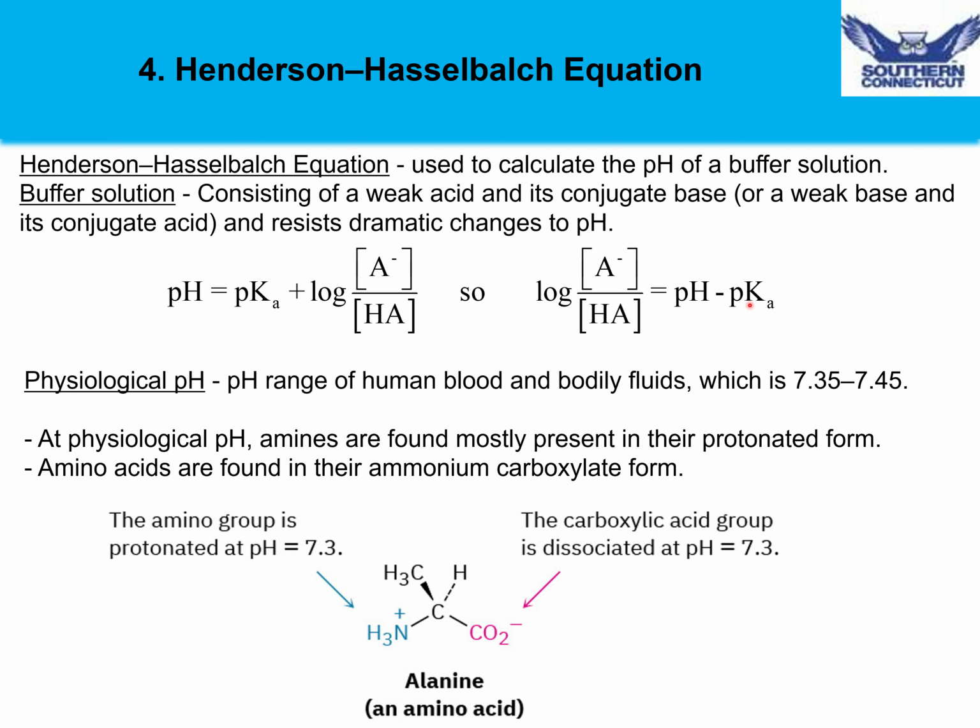At physiological pH, most amines will typically be protonated, and an amino acid will be found in the ammonium carboxylate form. As an example, alanine, which is shown here, the nitrogen or the amino group is protonated, and the carboxylate group is deprotonated. So we have a carboxylate and an ammonium form for the amino acid.